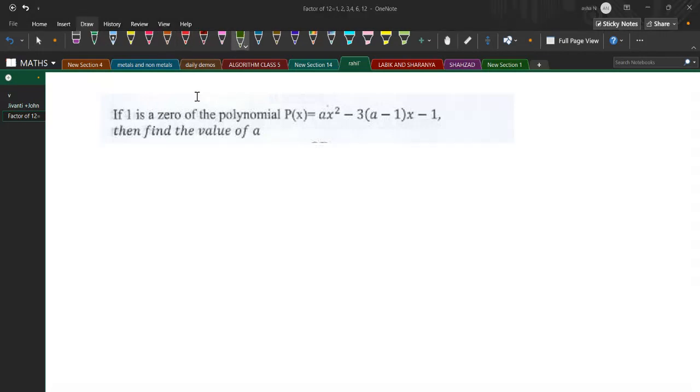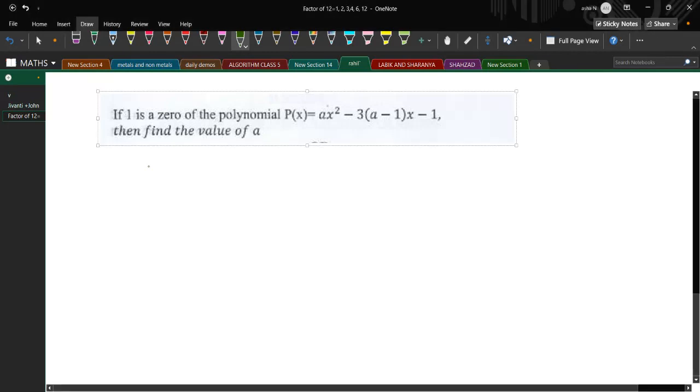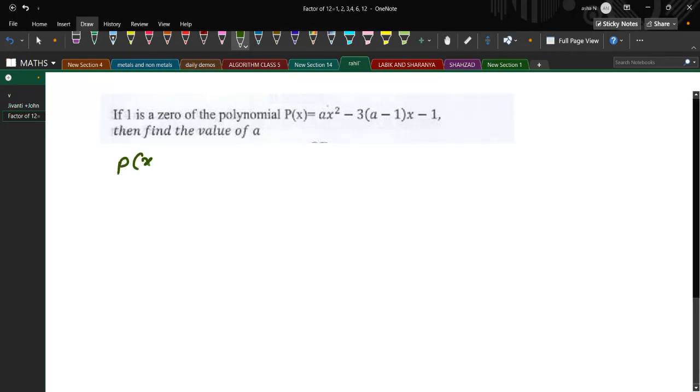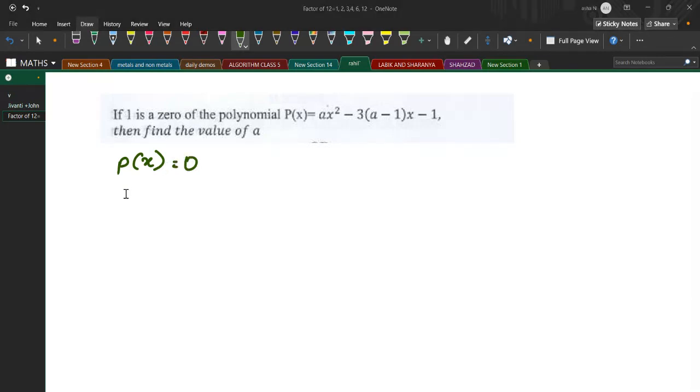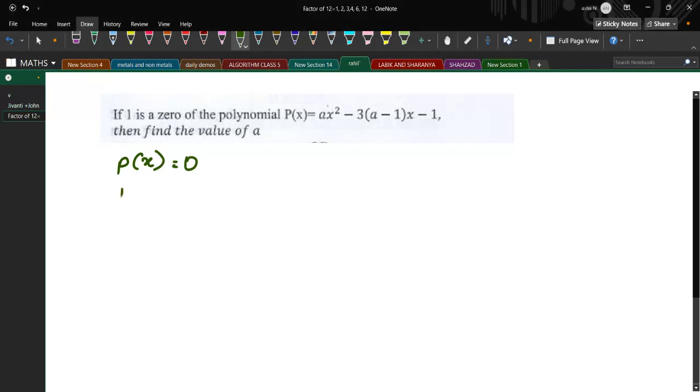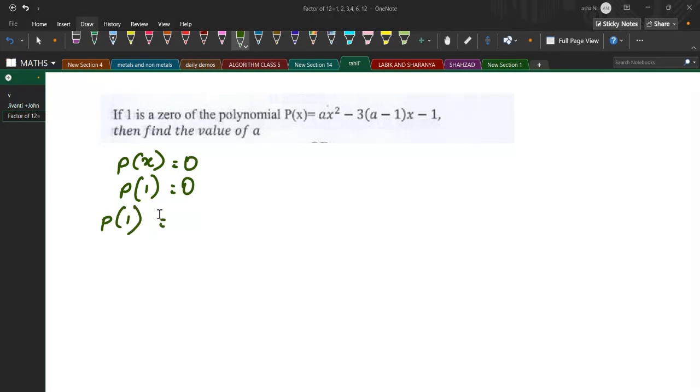So that is an important thing that we can start with. p of x, they are saying, is zero. Then in place of p of x, what are we going to write? 0. Basically, p of 1 is 0, if 1 is the zero of the polynomial. So whenever x is there, what are we going to put there?